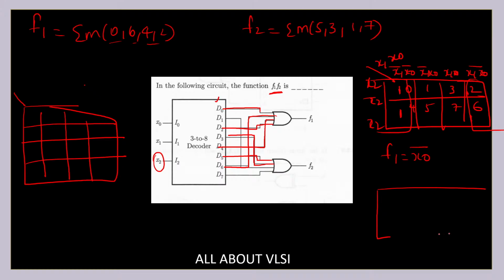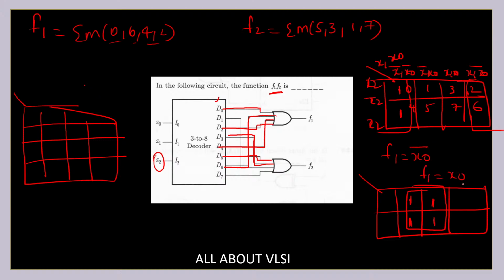And similarly for f2, f2 has minterms 5, 3, 1 and 7. So this is one quad and the common term is x0. So f2 is equal to x0.